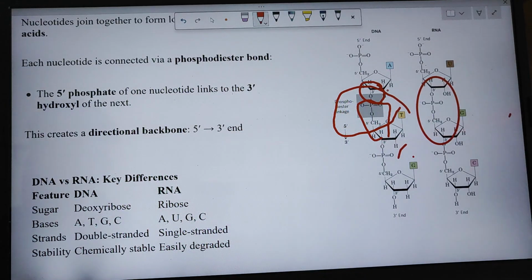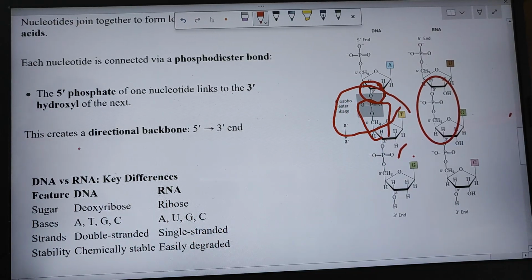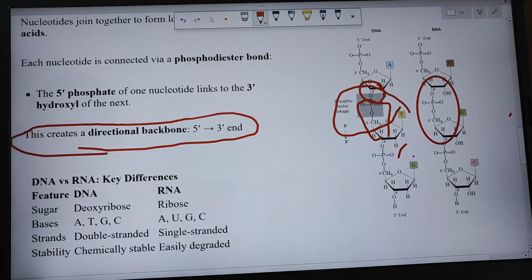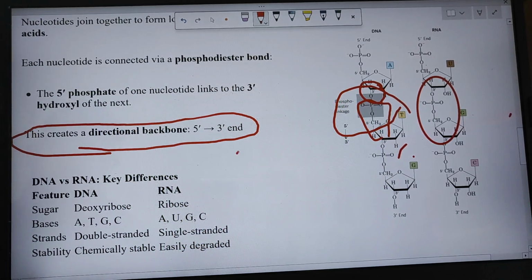This phosphodiester bond of the nucleotides gives the nucleic acids directionality. So this creates the directional backbone of the nucleic acids in 5' to 3'.